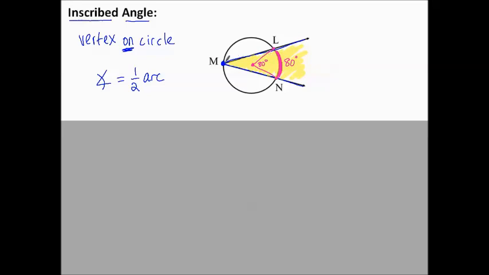But see how the inscribed angle is like twice as far away from that intercepted arc. So it's going to be half as big. See how as it gets farther away, it gets smaller. So this little inscribed angle is 40 degrees. This formula is really important to remember about inscribed angles.